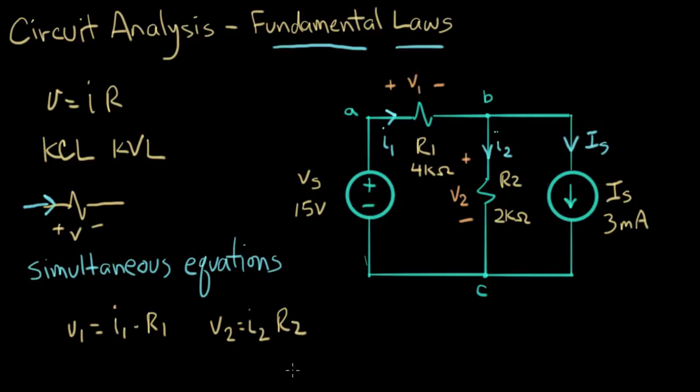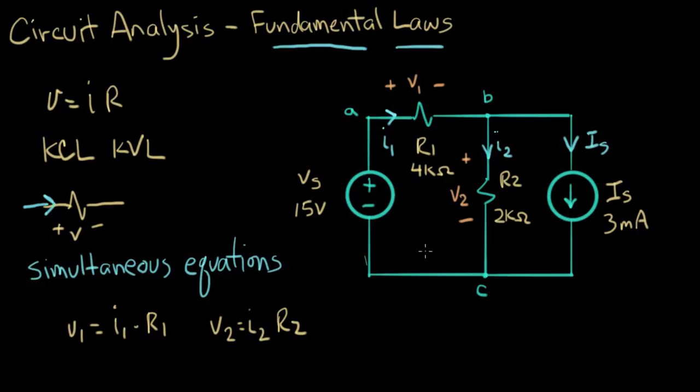All right, that's not a bad start. We have two equations. How many unknowns do we have? I2 and V2 are unknown. I1 and V1 are unknown. So we have 4 unknowns and we have 2 equations. So we're halfway there.